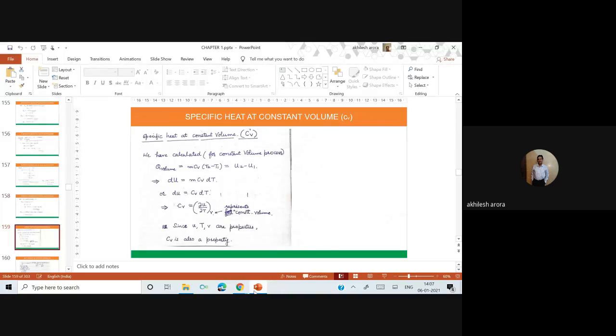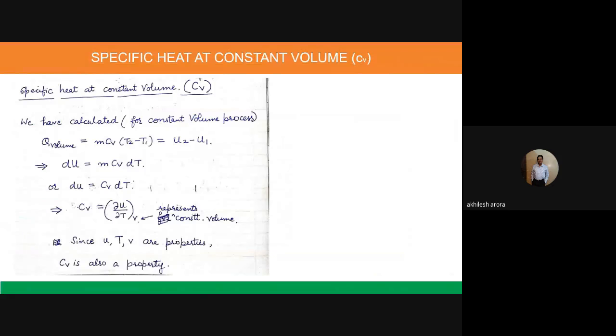Yeah, so now I'm going to discuss some other topics related to the first law of thermodynamics only. So specific heat at constant volume. We discussed it earlier also, but here I am going to give you the equation for the specific heat at constant volume.